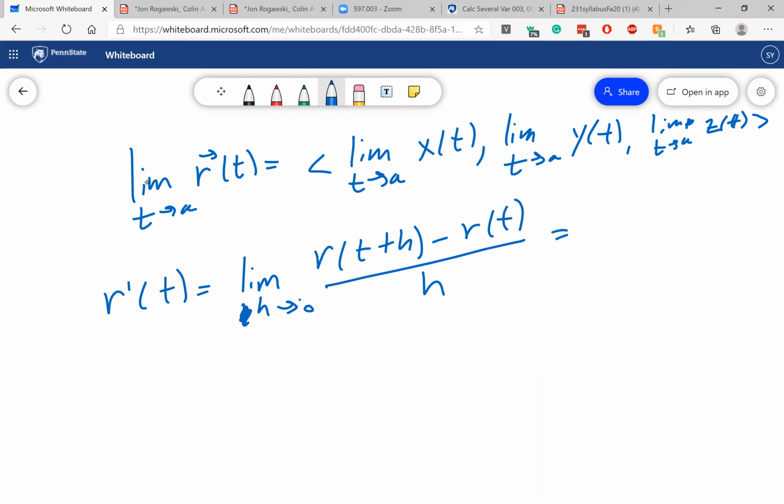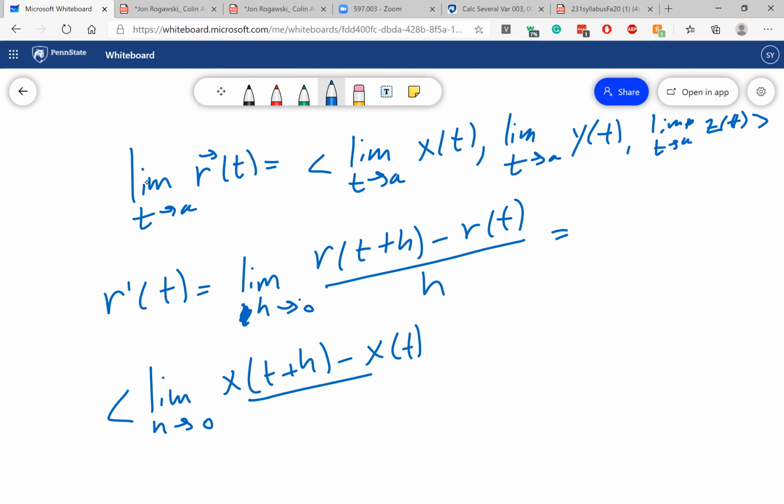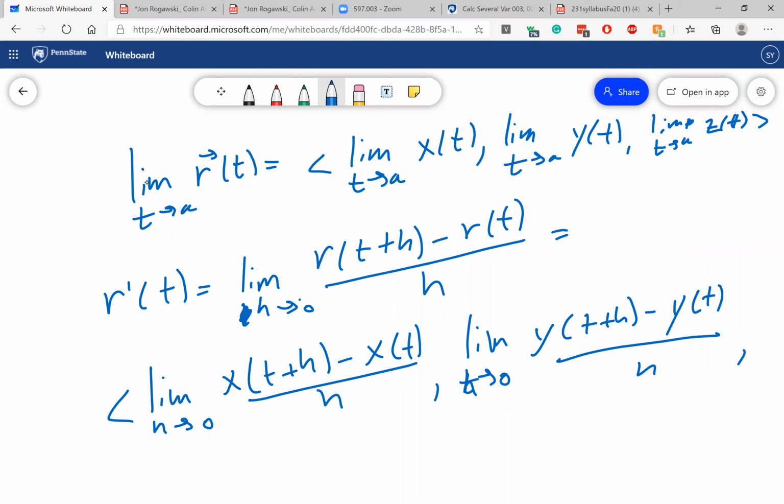So this is going to be the limit as h goes to 0 of x of t plus h minus x of t over h, the limit as h goes to 0 of y of t plus h minus y of t over h, and the limit as h goes to 0 of z of t plus h minus z of t over h.